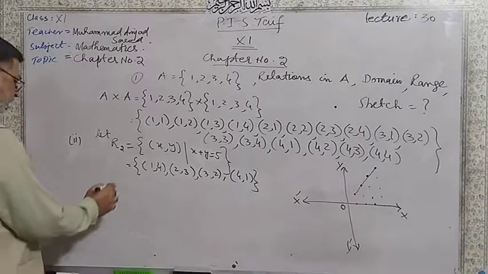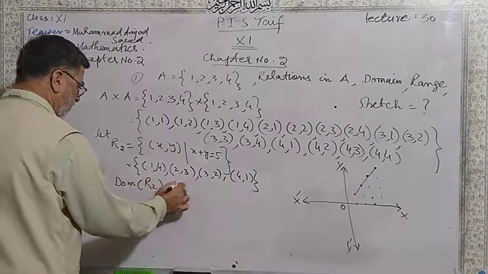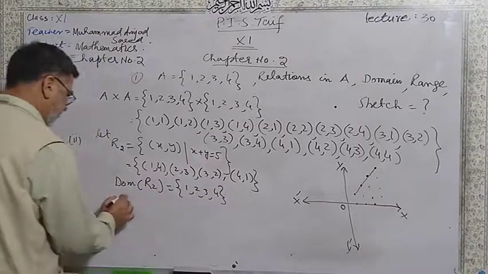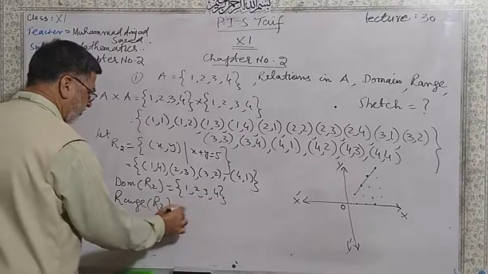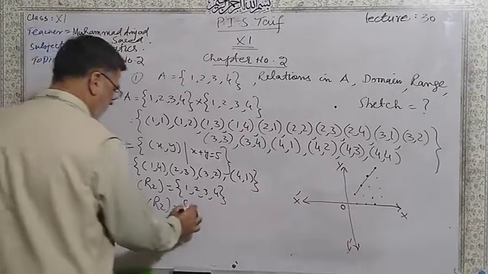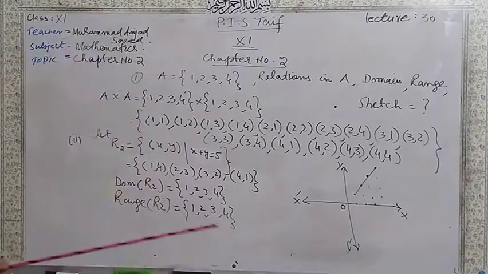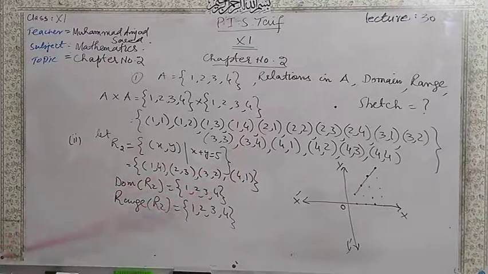So what is domain? Domain of R2 is 1, 2, 3 and 4, and range of R2 is equal to 1, 2, 3 and 4. It makes no difference whether you write 4, 3, 2, 1 or 1, 2, 3, 4. Order is not important in the set.